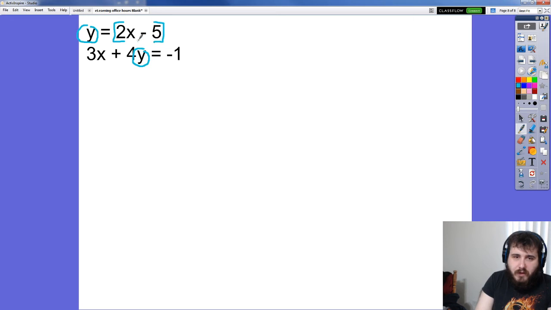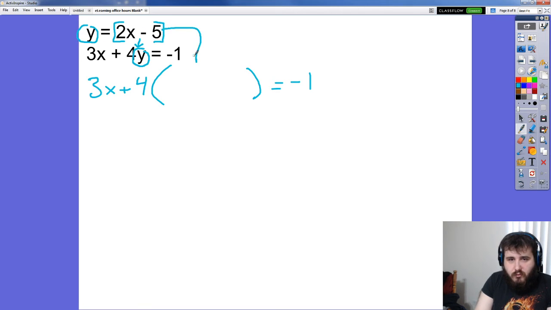Well, I'm going to take 2x minus 5 and turn y into that. In 3x plus 4y equals -1, what's y? 2x minus 5. So let's take 2x minus 5 and put it right there. See, I've said y and 2x minus 5 are the same thing.